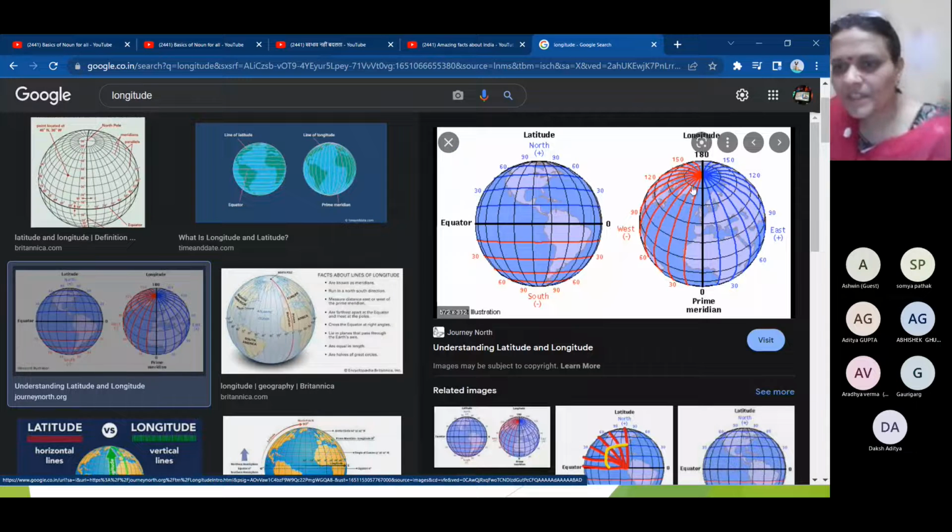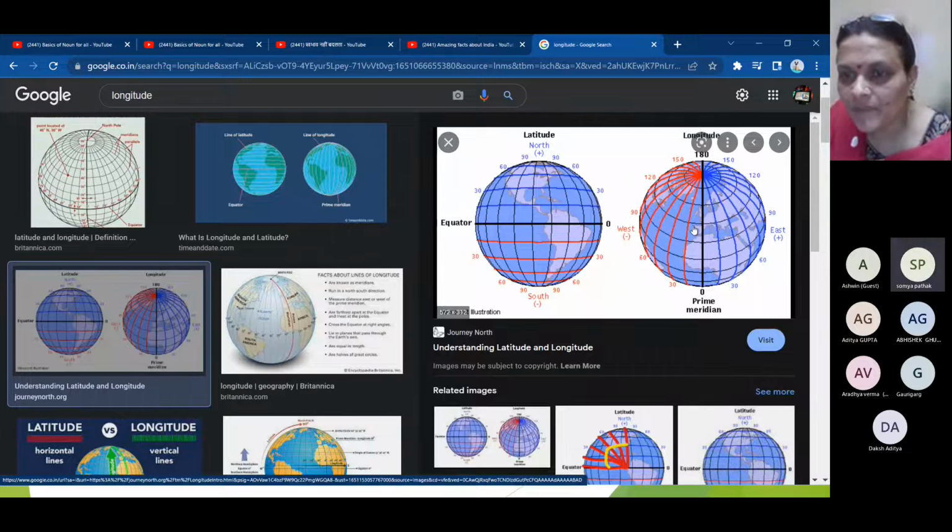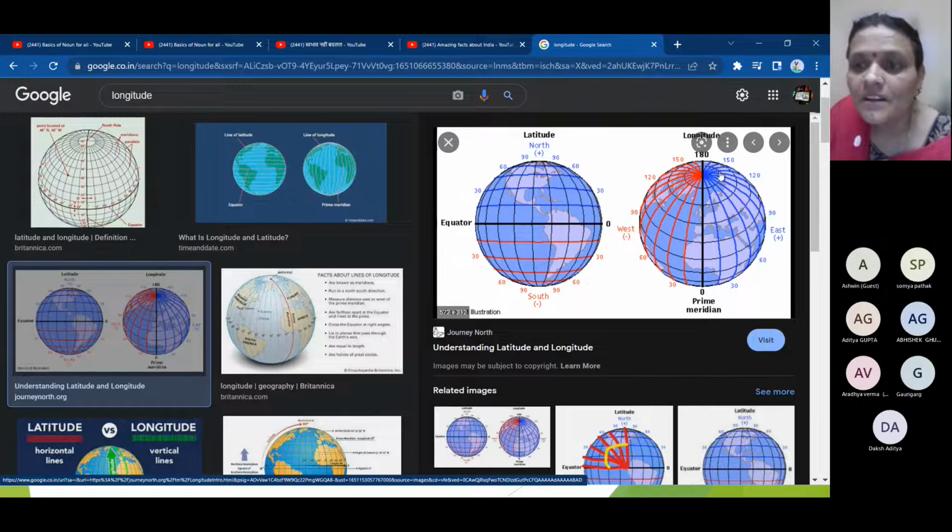Can you see this? See, this is the prime meridian, at 0 degree here.